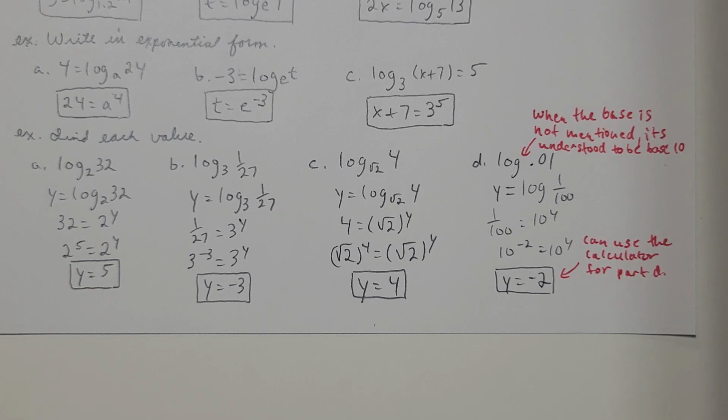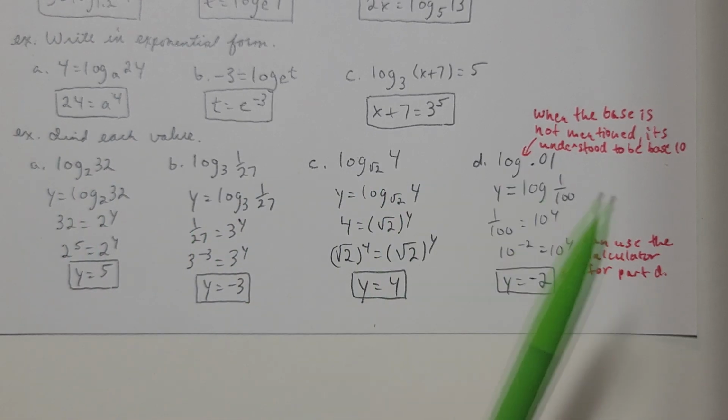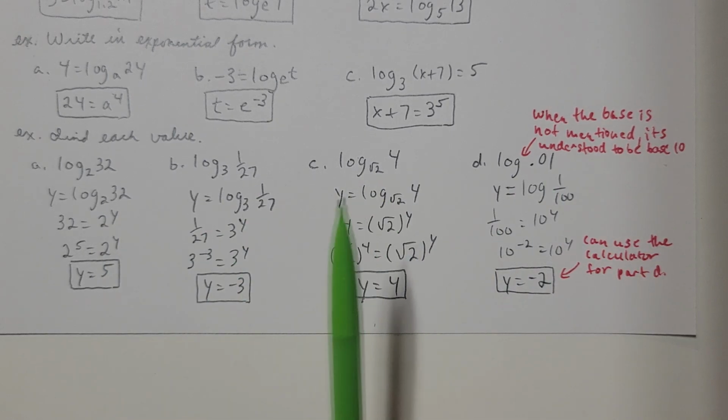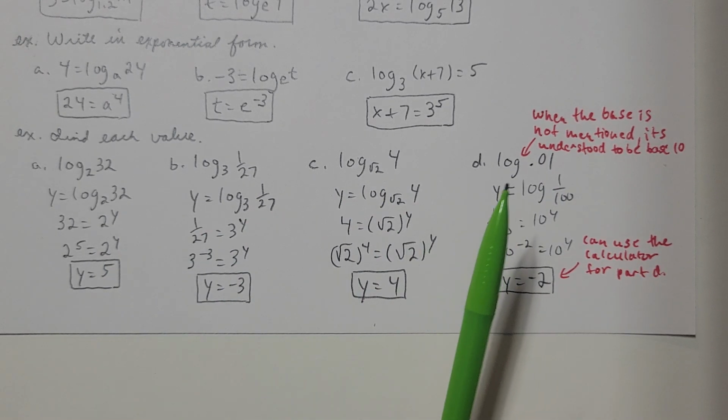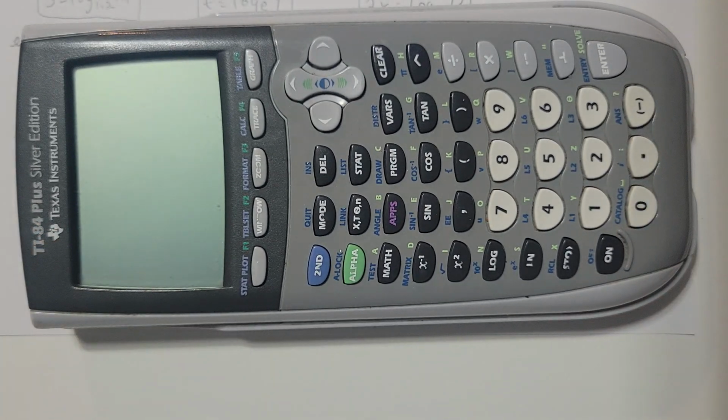Okay, now you can actually use a calculator there in part D. You most likely can't for these other ones. Even the super high-tech calculators, you can't do special bases with it. But let me just show you real quick here, part D. So I got log of 0.01.